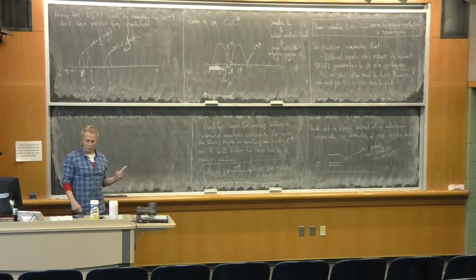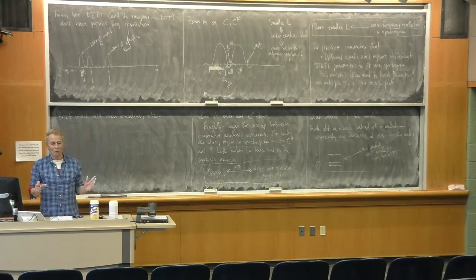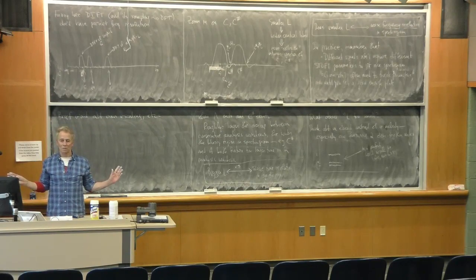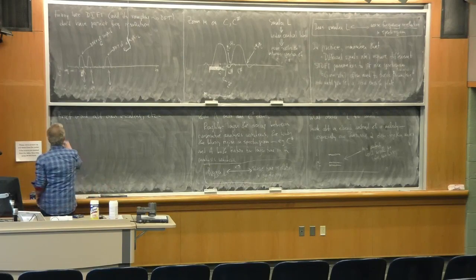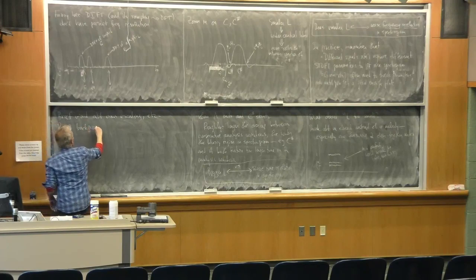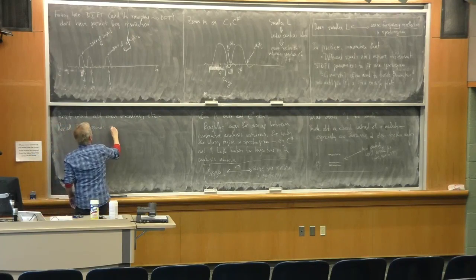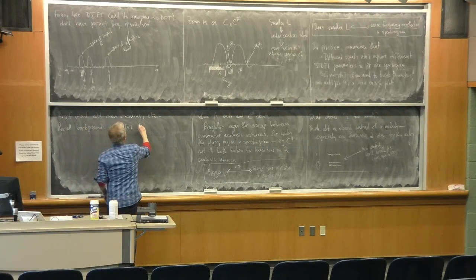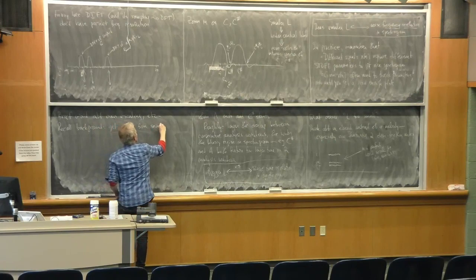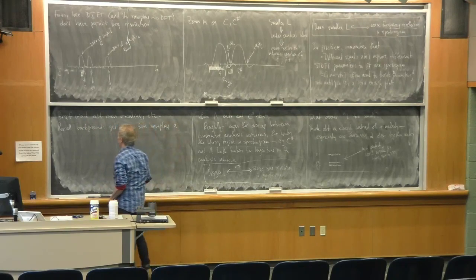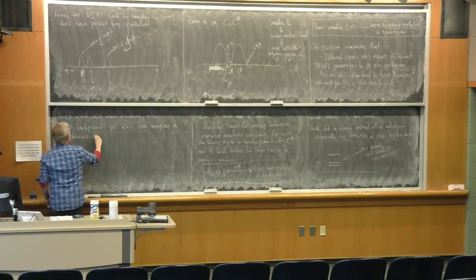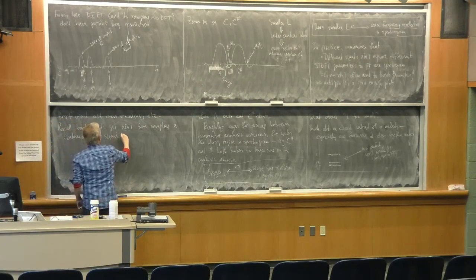First off, remember that the background picture we started with was a continuous time signal x of t that we sampled as fast as you want. So recall that you get the signal x of n that you're analyzing from sampling a continuous time signal x of t.